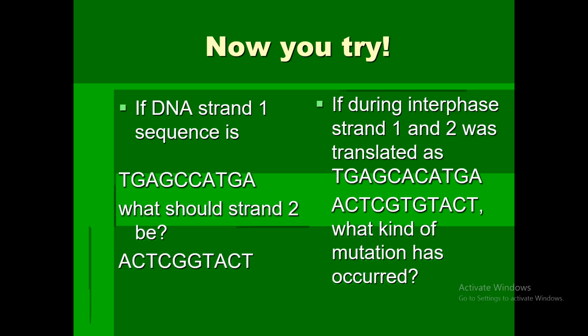Substitution? Well, let's see. We have 1, 2, 3, 4, 5, 6, 7, 8, 9, 10 base pairs on the left side. On the right side, we have 1, 2, 3, 4, 5, 6, 7, 8, 9, 10, 11. So we know that it can't be deletion, and it definitely can't be substitution, because substitution is the same amount.